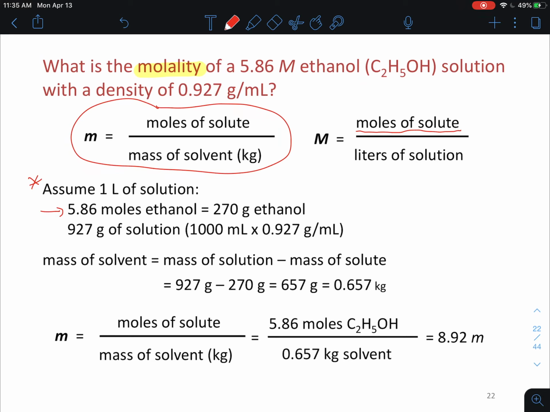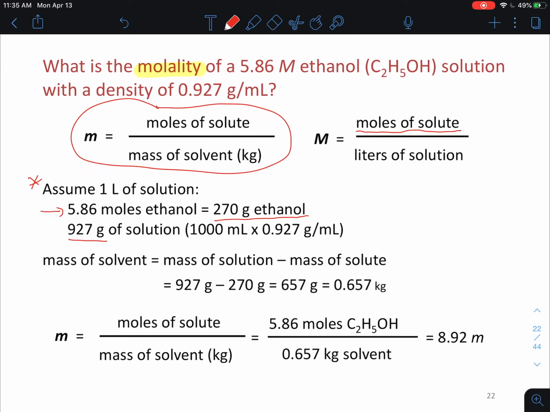And so once we know the number of moles, we use the molar mass, and then we're able to calculate a gram amount for the solute. We also know the density of the solution, and again, with our assumption of 1 liter, that'll give us an easy way to figure out the mass of the solution.